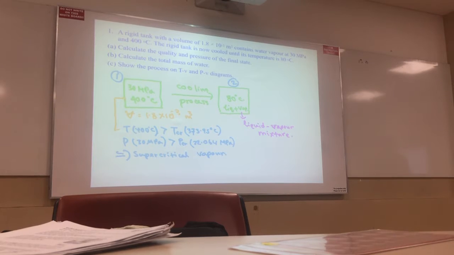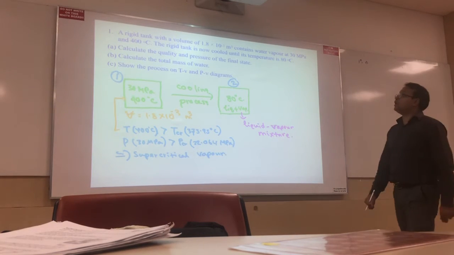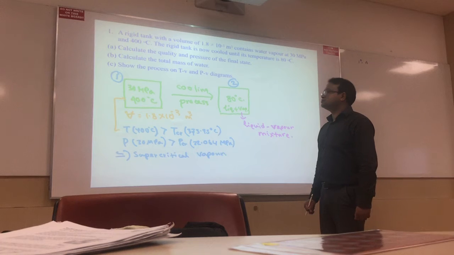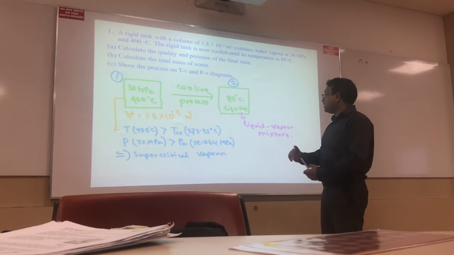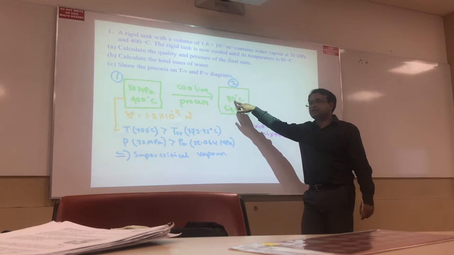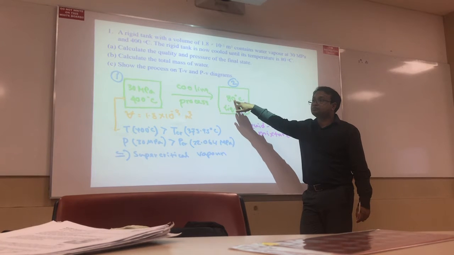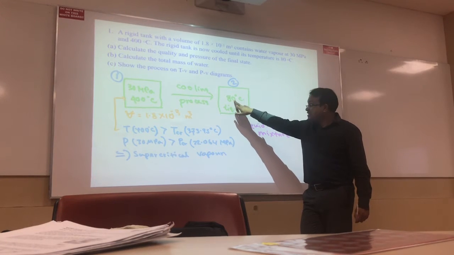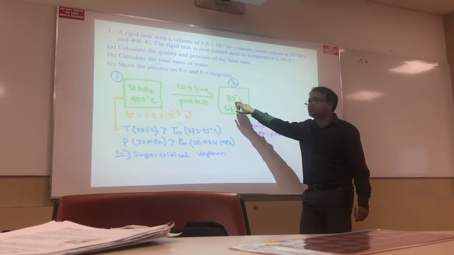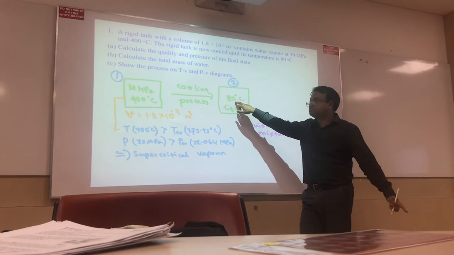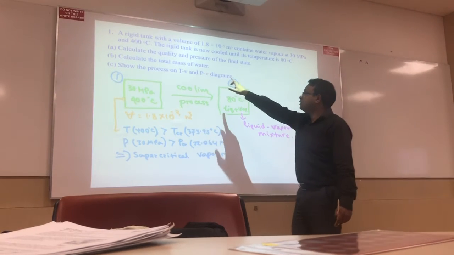So now it is very, very easy to find the quality and pressure of the final state. What is the final state pressure? 80 degrees Celsius, right? What is P2? P saturation with respect to 80 degrees Celsius. Done. And they tell me calculate the quality.